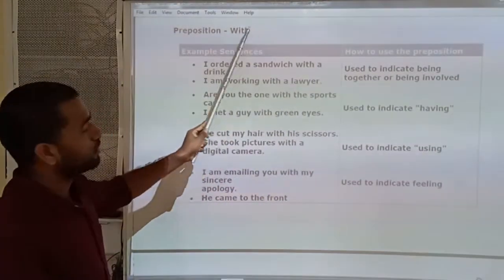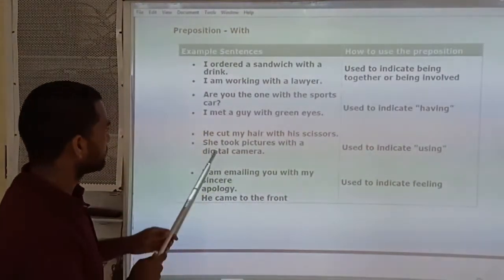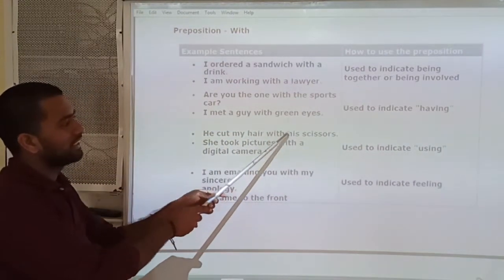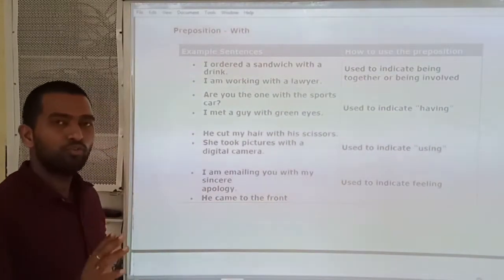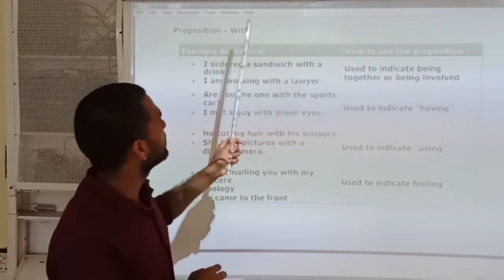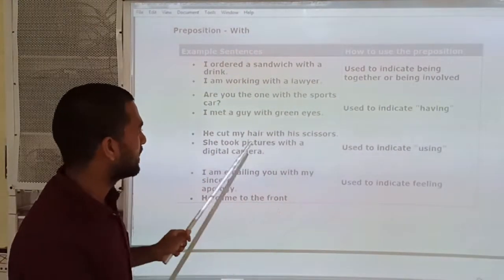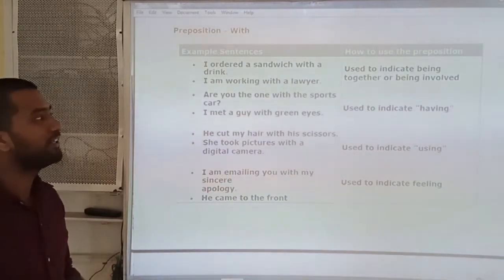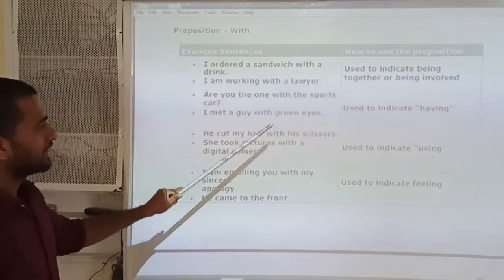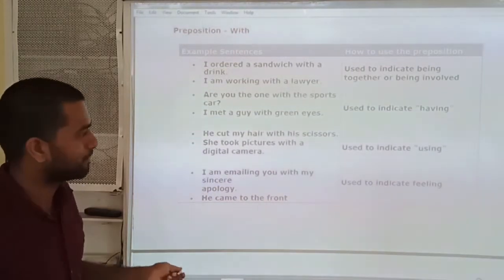Next, the preposition with is used to indicate using. Using means, for example, he cut my hair with his scissors. We make sentences most frequently by using the preposition with, like this one. Most of the students know this point.